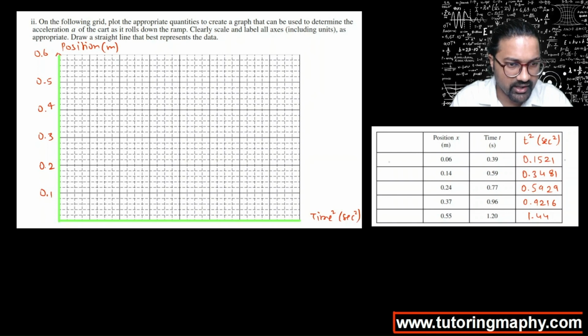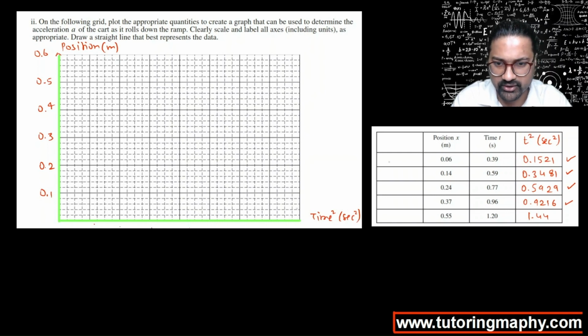Over here, let's see, the smallest one is 0.15, then 0.35, then 0.59, then 0.92, then 1.44. Okay, the smallest one is 0.15, so that is actually in increasing order. Will 0.1 work? Will 0.2 work? 0.2, 0.4, 0.6, 0.8, 1.0, 1.2.